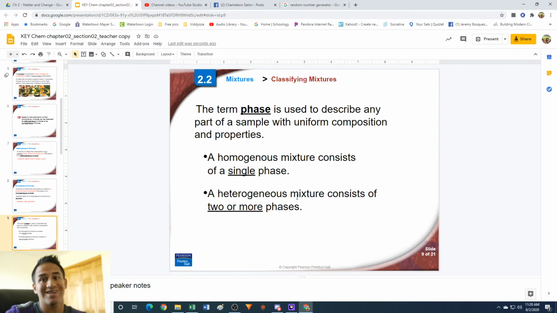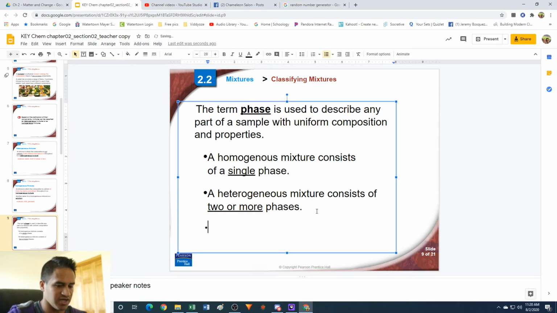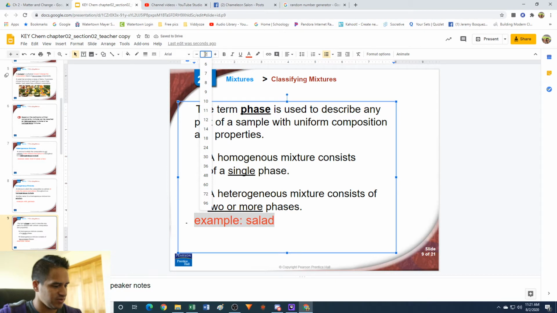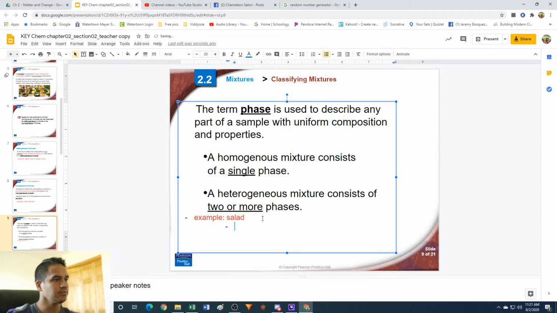So think of, again, a salad. We'll use this as an example because salad is just a good example to use. Example, salad. Let's make this unbolded, and let's make our font a bit smaller here so we have plenty of space, okay? So in a salad, we could have the lettuce phase.